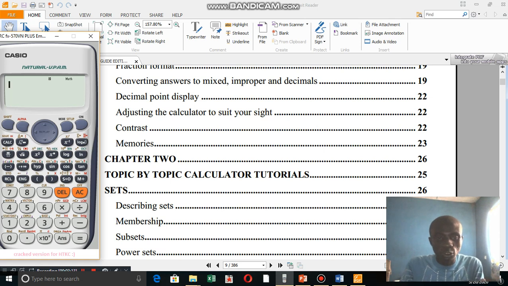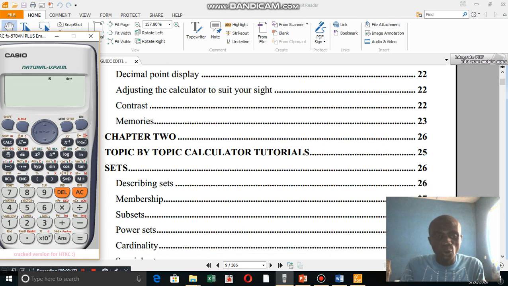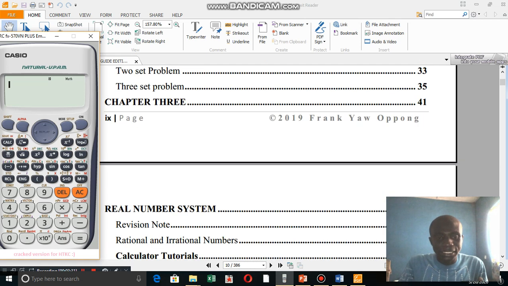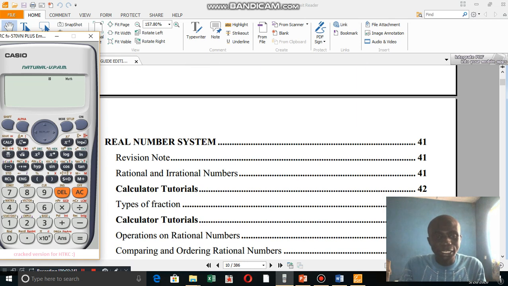In fact, there are other chapters, topic by topic calculator tutorials. We will be covering all the topics in core mathematics at WASSCE standard: sets, real numbers.